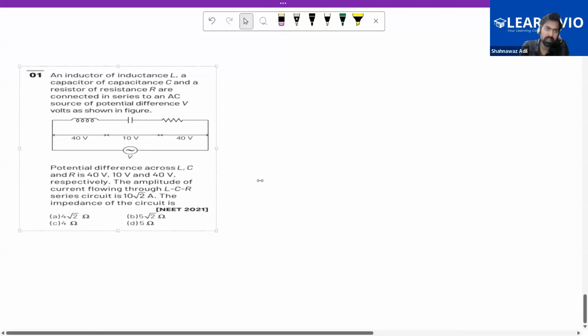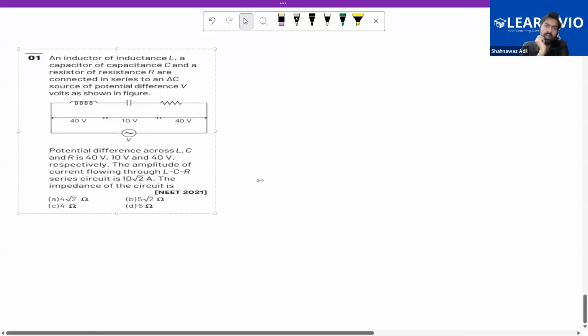This is the question. An inductor of inductance L, a capacitor of capacitance C and a resistor of resistance R are connected in series to an AC source of potential difference V volts. As shown in the figure, the potential differences across L, C, and R are given. The amplitude of current flowing through the LCR series circuit is 10 root 2.